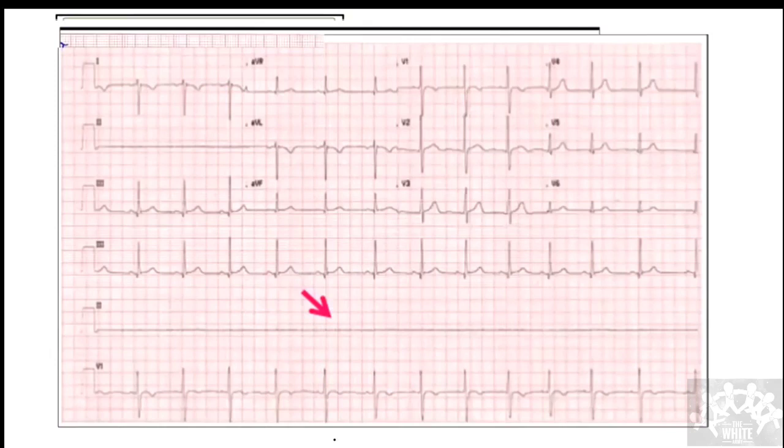There is one more way you identify lead reversals. This is called the pseudo asystole pattern. Asystole means there is no activity in the heart; systole is absent. You see all the other leads are having some activity, but this lead has no activity. That does not mean the heart has stopped, because the other parts are beating.